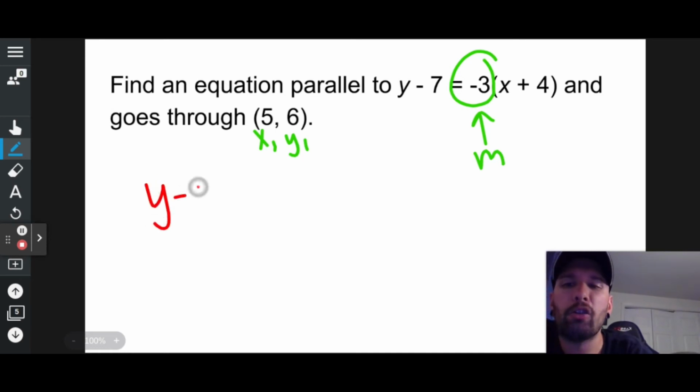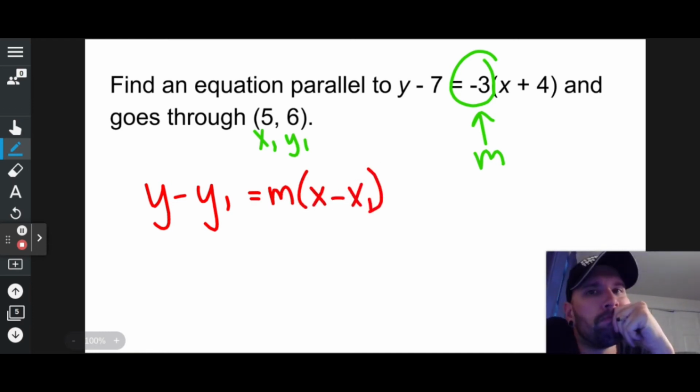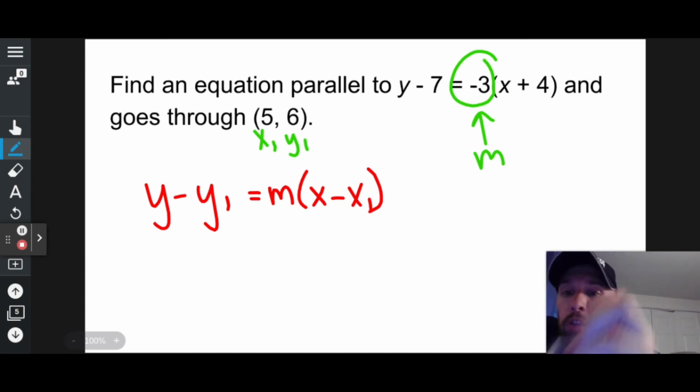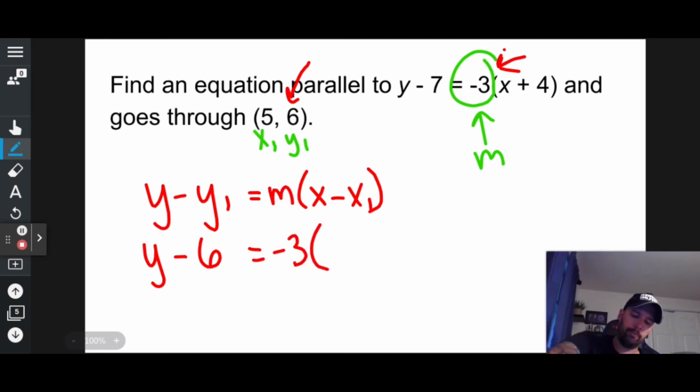Y minus y sub 1 equals m times the quantity x minus x sub 1. What's my y sub 1? 6. So y minus 6 equals m. What's my m? Negative 3 times the quantity x.